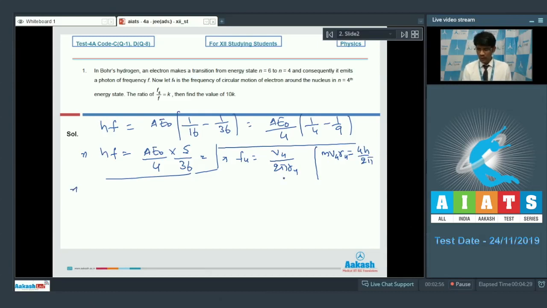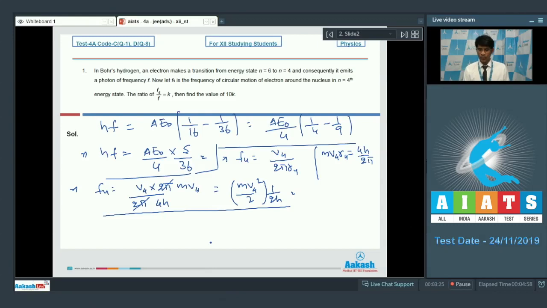Now, just put the value of R from here. f4 is equal to v4 divided by 2 pi, value of R4 would be 4h into 2 pi into mv4. This will cancel out and we have mv4 whole square divided by 2 into 1 by 2h. This is the value of f4.